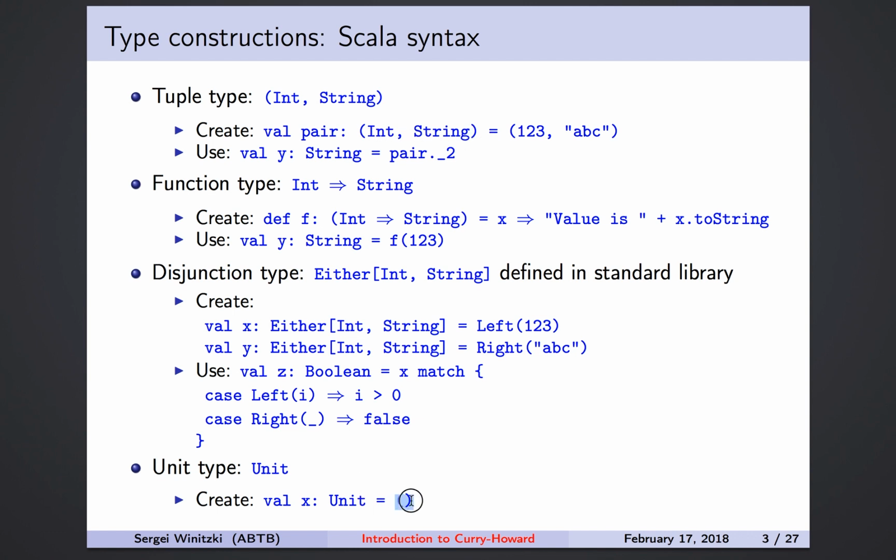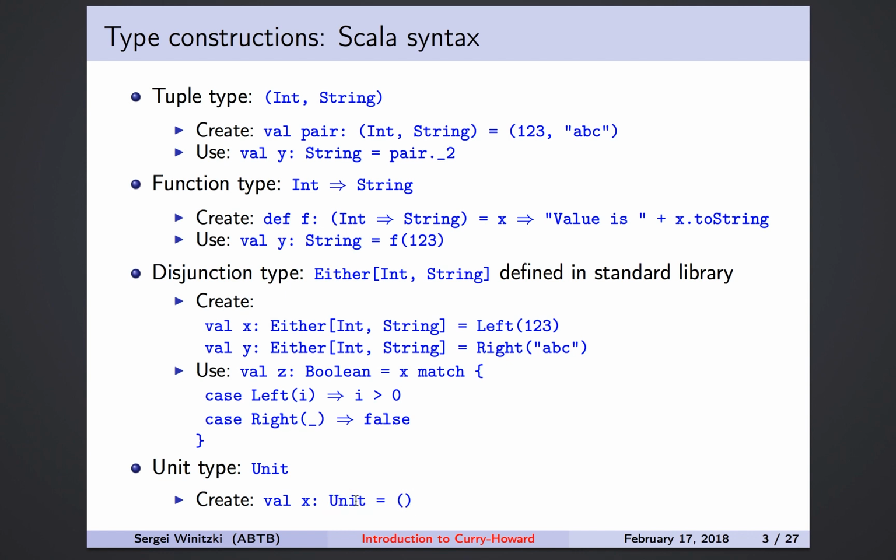But here, it looks like a tuple with 0 parts, an empty tuple. So this type only has one value, the empty tuple value. There is nothing that you can write in there, and there's only one way to write that. So this is a very interesting type that only has one value.